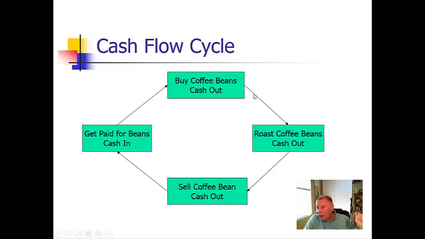So we can measure this in days. If we sell everything for cash, this cycle can be very short. But we can always measure each part of this process. And if we can measure the time frame, we can also measure the dollar amount that we need at each one of these.